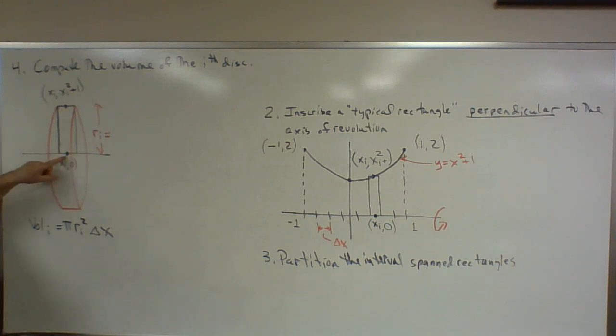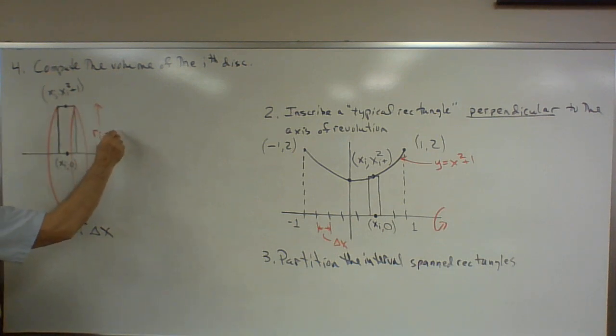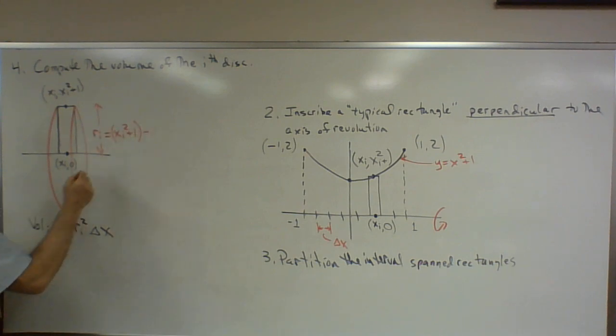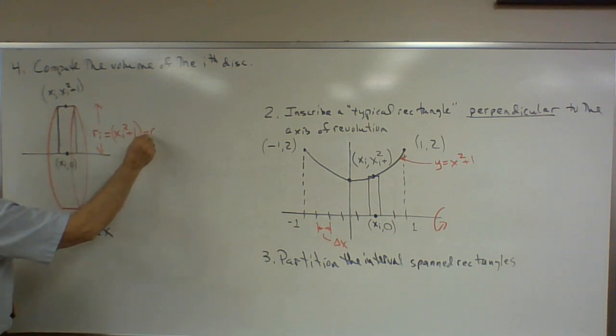It goes from 0 on the x-axis to x sub i squared plus 1. So the distance is the greater y coordinate, x sub i squared plus 1, minus the lesser y coordinate, which is 0.